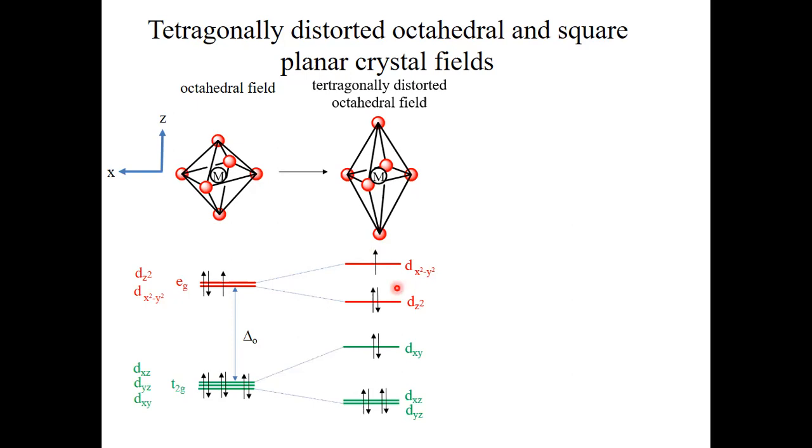Now we can say that a square planar shape is nothing else but an extreme case of a tetragonally distorted octahedron.